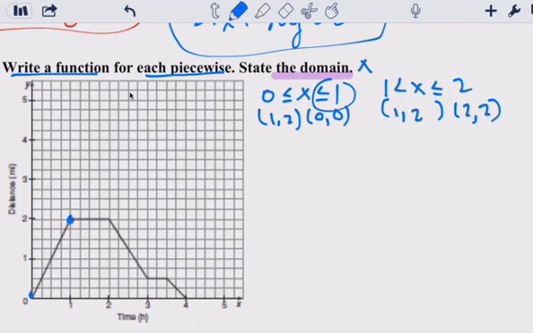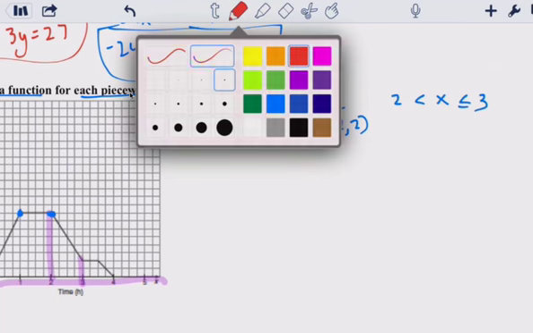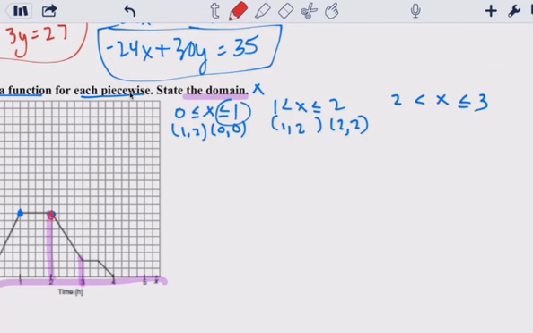1, 2, 2, 2. The third one is from 2 to 3. From 2 to, your domain is 2 to 3. The domain down here, 2 to 3. And you can use this point up on top right there. I'll do it red. And down here, which is 2, 2.